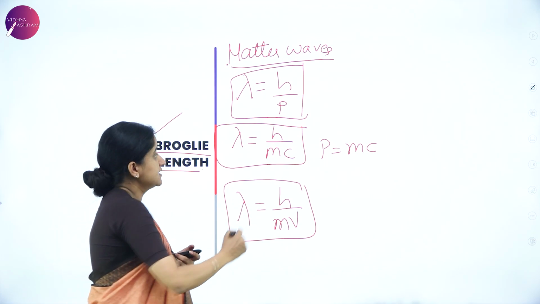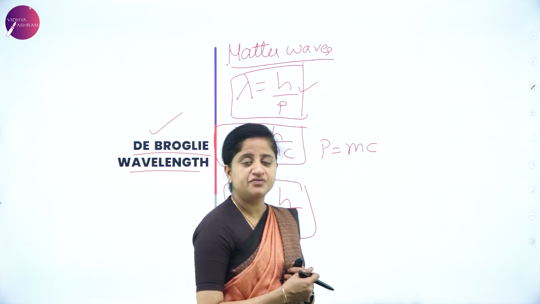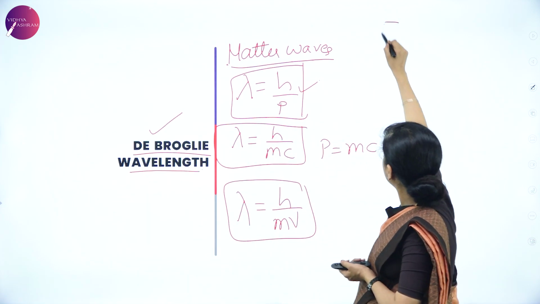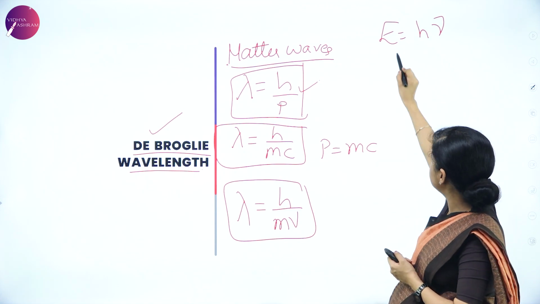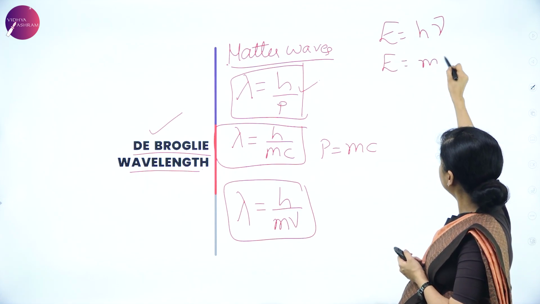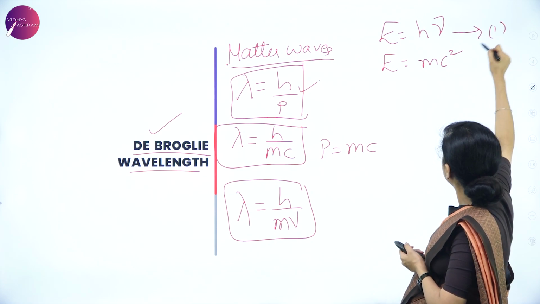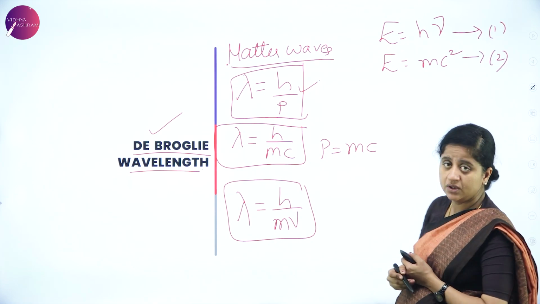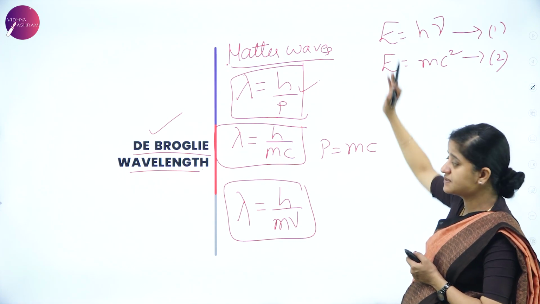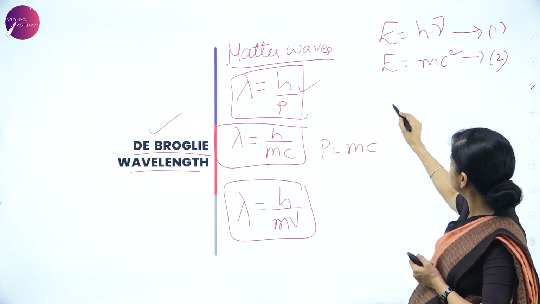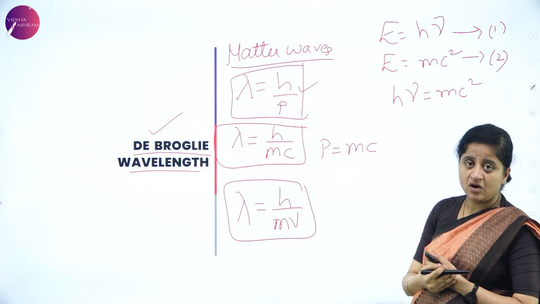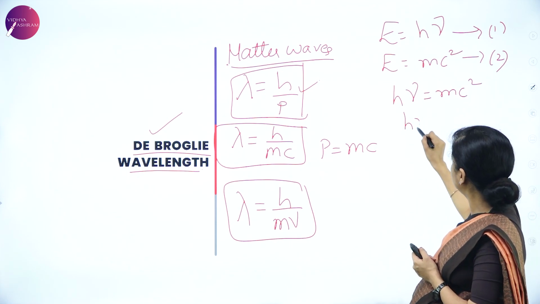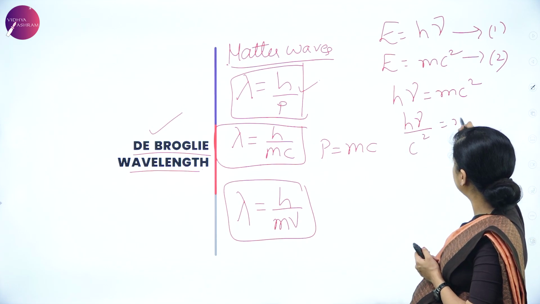But now the question is how to arrive at this expression. We know that the energy of the photon is E is equal to h nu, and we also know that the energy is E is equal to mc square. This is my equation 1 and this is my equation 2. From 1 and 2, the LHS is E only, so we can equate these two and we get h nu is equal to mc square, or h nu divided by c square is equal to m.